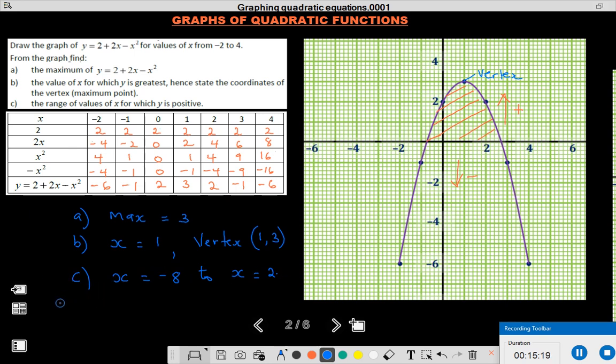So y is positive for x equal to negative 8, when x is greater than negative 8 but less than 2.8. So we have answered that one also.